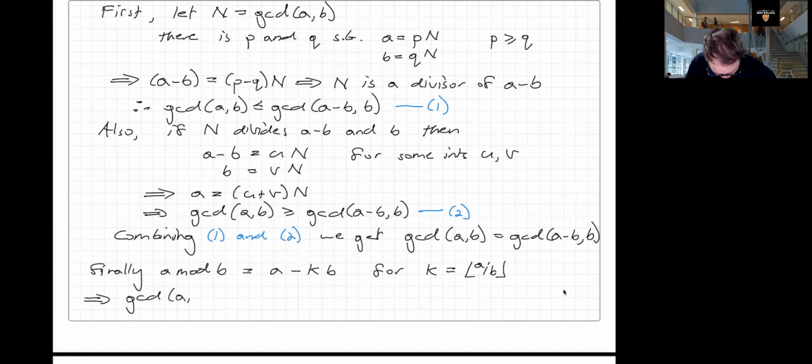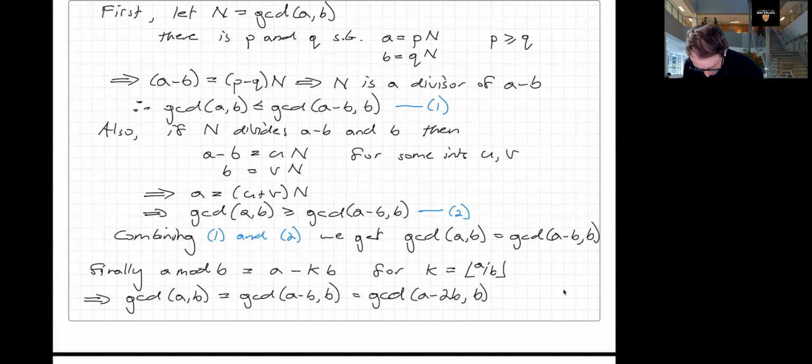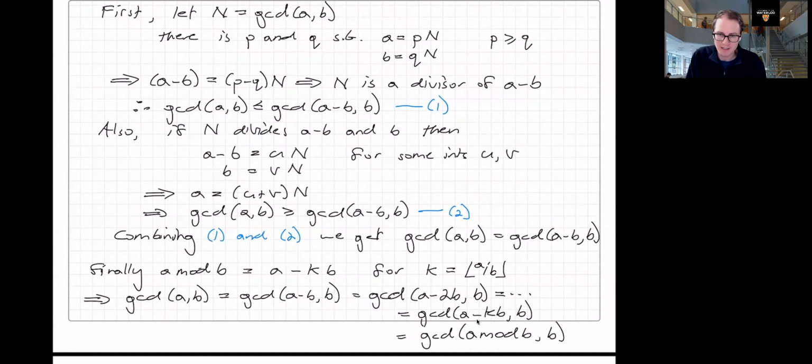So the greatest common divisor of A and B is equal to the greatest common divisor of A minus B and B, which is equal to the greatest common divisor of A minus 2B and B, and so on, which is equal to the greatest common divisor of A minus kB and B, which is the greatest common divisor of A mod B and B, right? Because A minus kB is A mod B. And that is the end of this result.